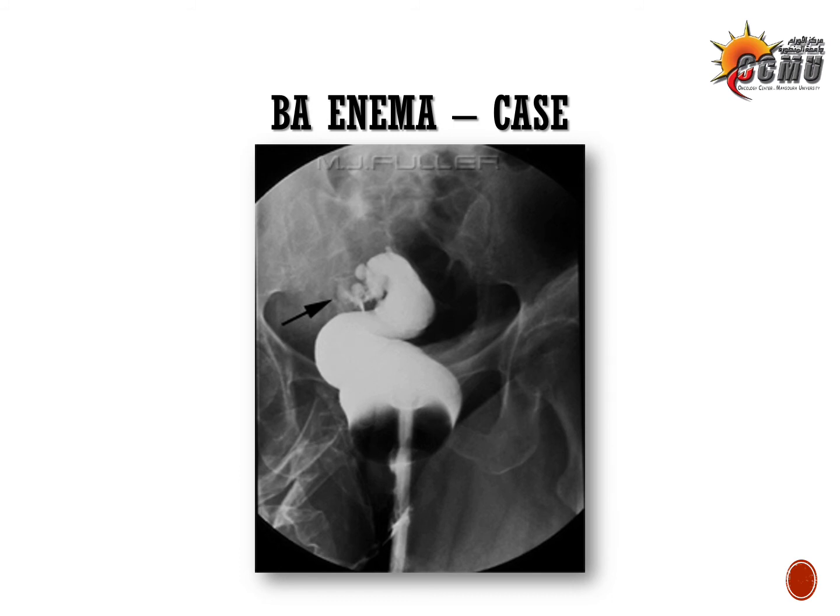So this denotes obstruction of the sigmoid, most probably sigmoid cancer. And so, as you've seen with the previous films, the patient would have dilatation of the bowel proximal to this sigmoid. That's why his transverse colon and cecum or ascending colon are maximally dilated.